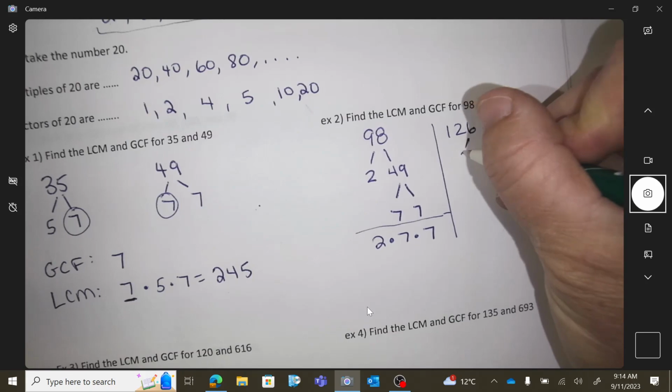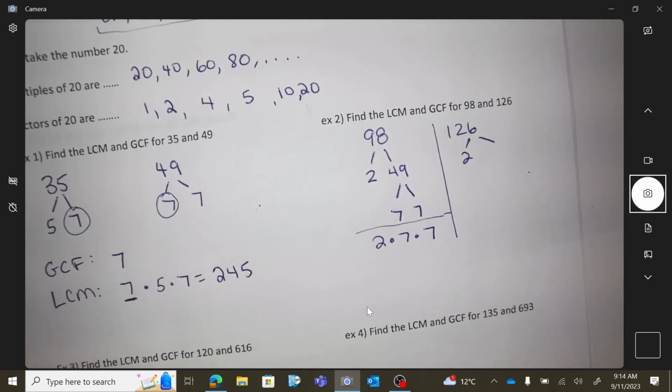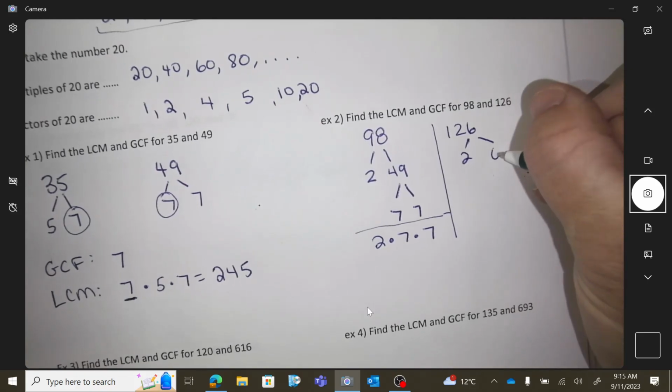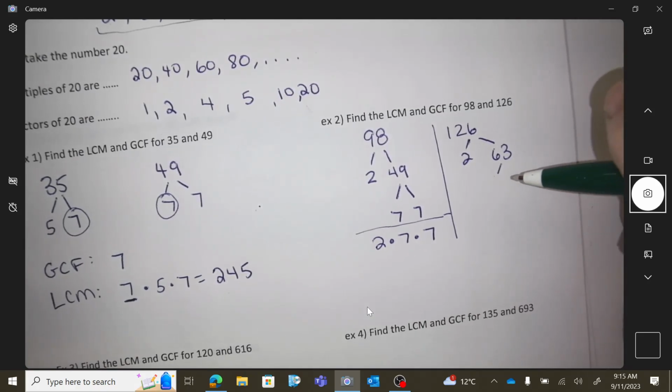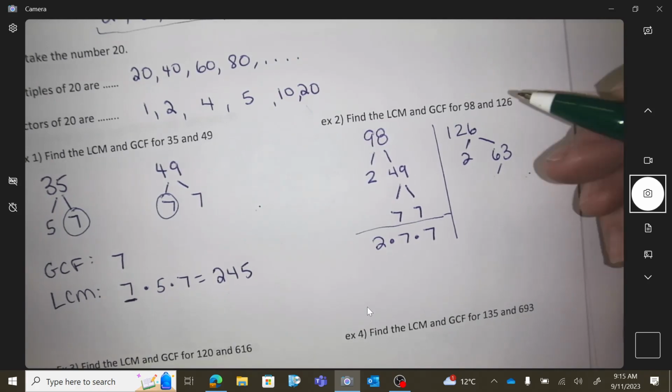126 is divisible by 2 because it's even. 63. 63, not 2. Can you do the 3 check? Is it divisible by 3?